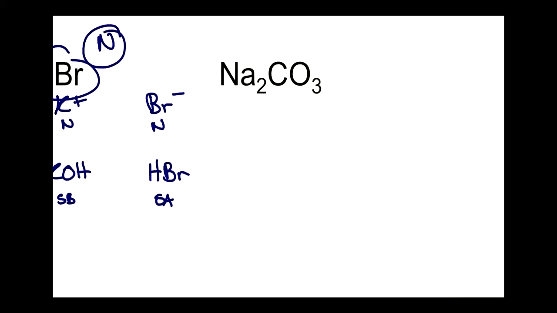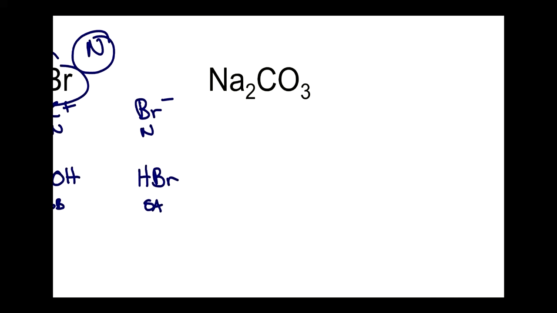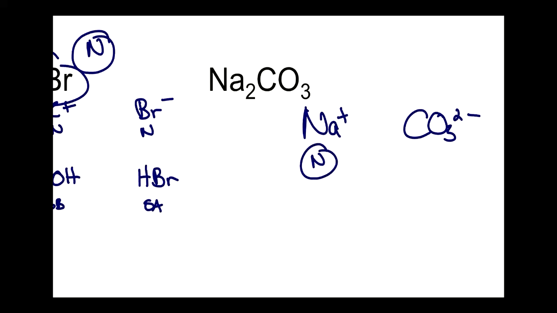All right, keep going. Na2CO3. We have two equivalents of sodium plus, and then one equivalent of carbonate. So Na+ is going to be pH what? Neutral. We've seen it enough now, I hope. Again, it's because sodium hydroxide is a strong base. All right, carbonate. This one's tricky.